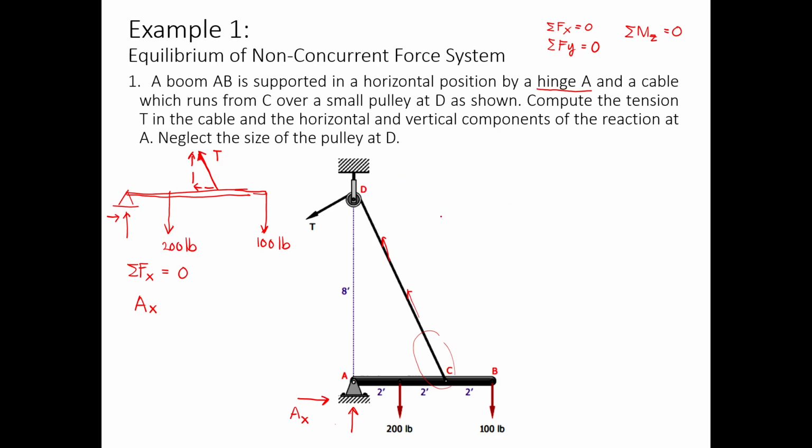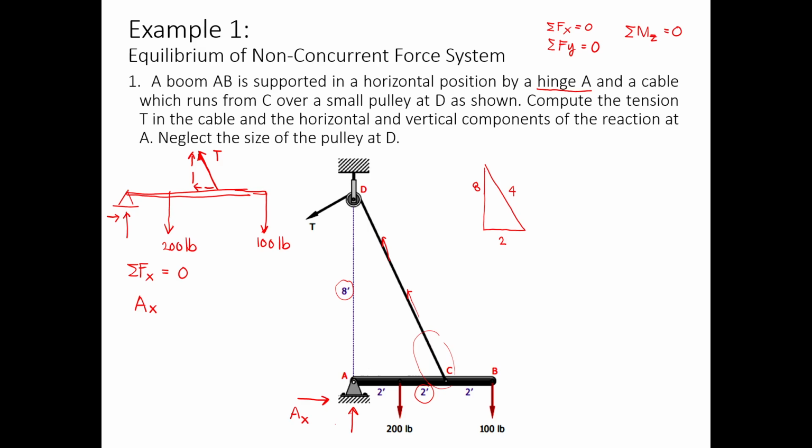How do we do this? Since we have this distance, 8 and then 2, we can create a right triangle here and use ratio and proportion. So 8, 2, ilan na siya, ang hypotenuse? That will be square root of 8 squared is 64 plus 2 squared is 4, so 68.